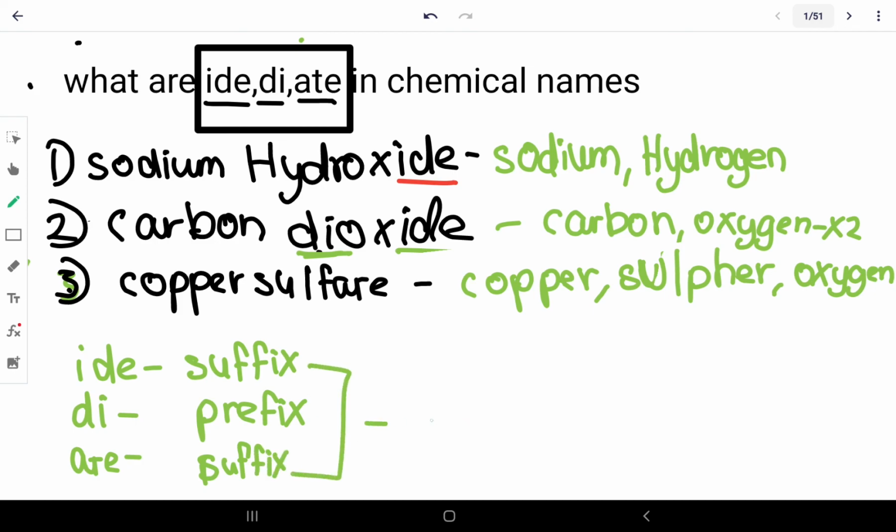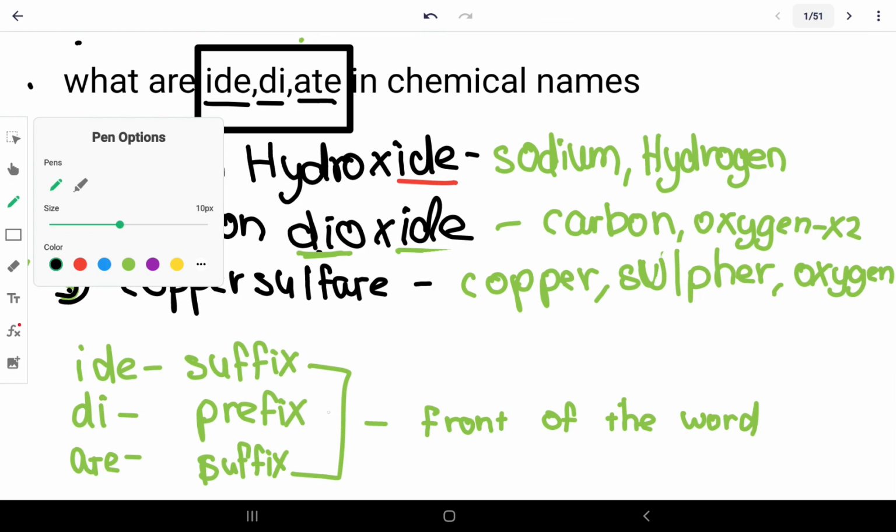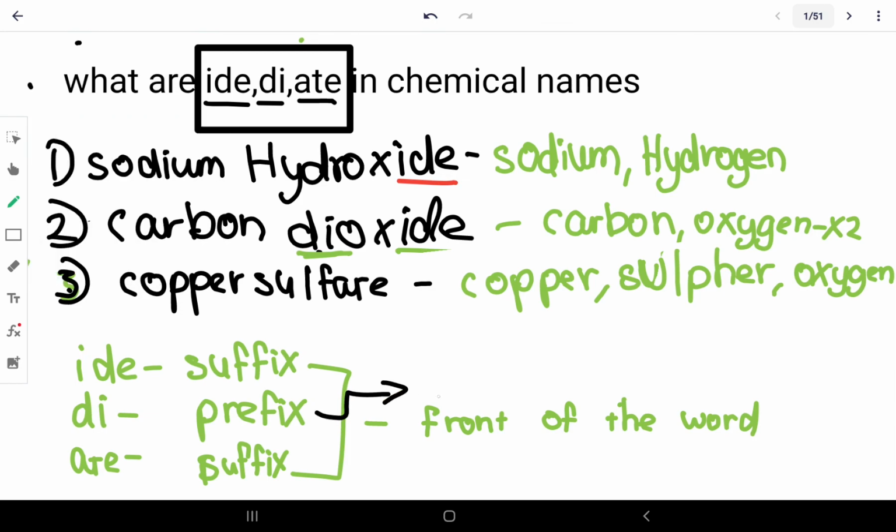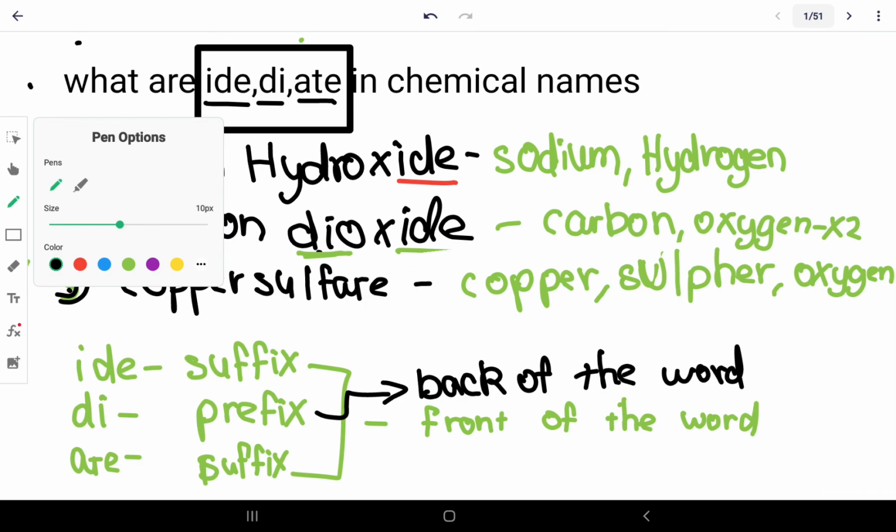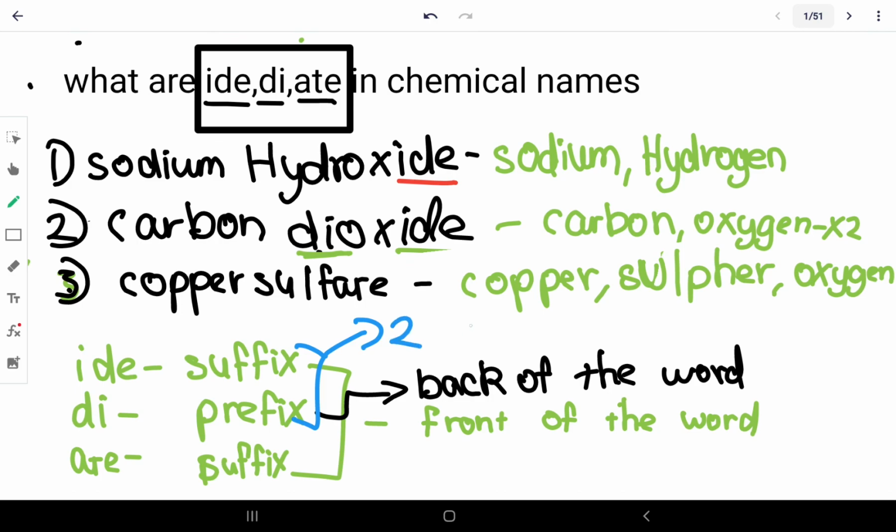So a prefix means in the front of the word, whereas a suffix means the back of the word. So these are the two things you have to remember, prefix and suffix. Always note that ATE means oxygen, and these two explain that there are two present in it.